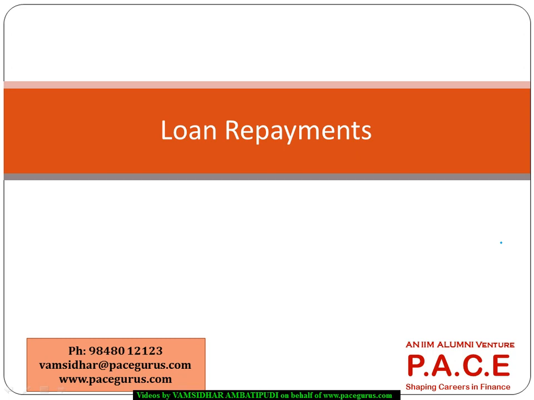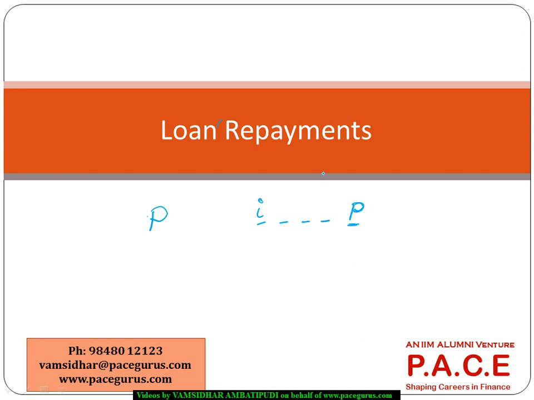In this session, we will look at loan repayments. In general, for any loan taken, let's say I have borrowed some amount P, the general process of repayment is that there is an interest that needs to be paid for some period, and probably the principal has to be repaid at the end.